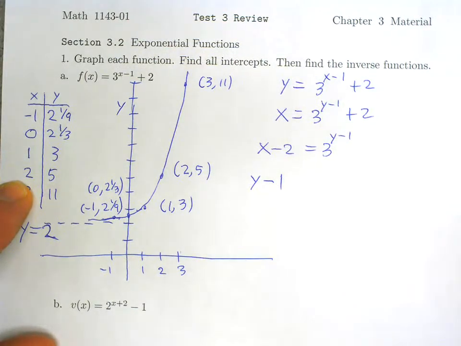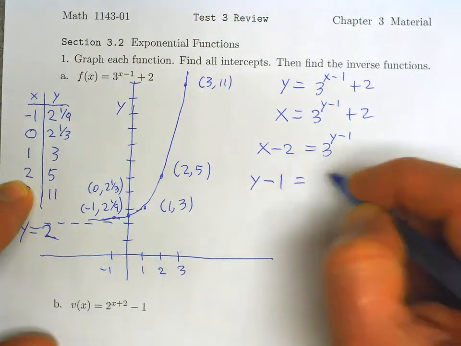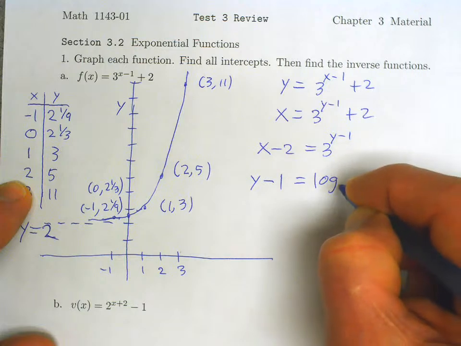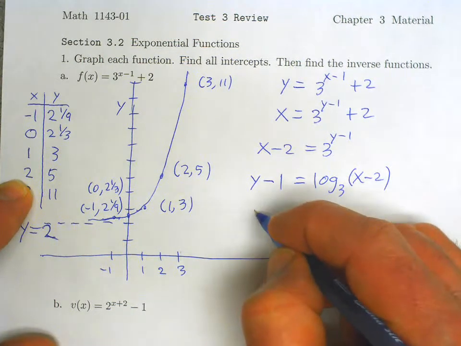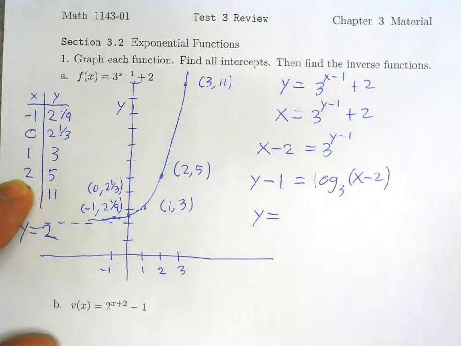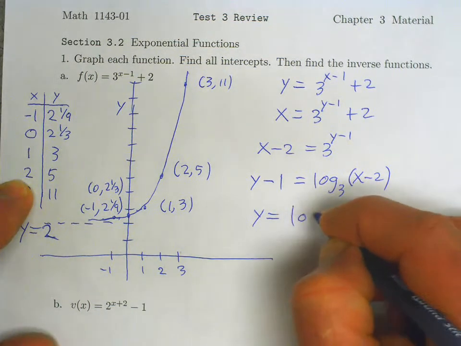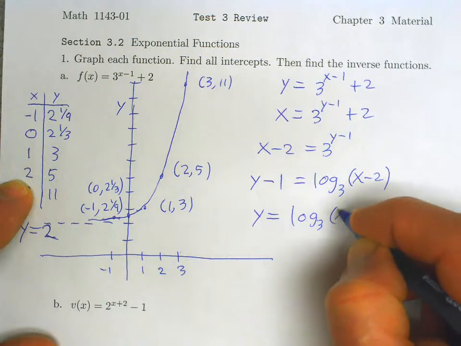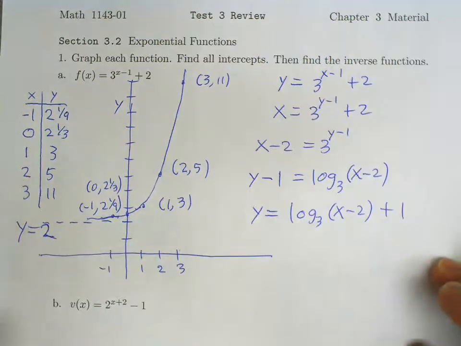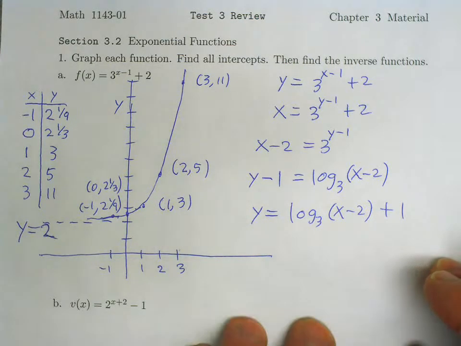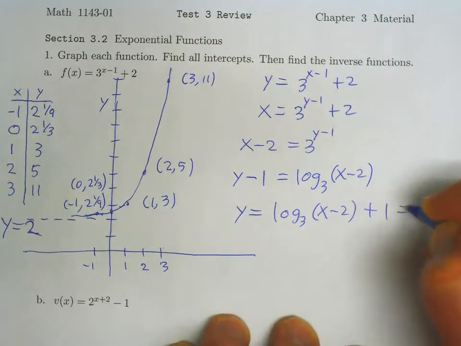So the exponent y minus 1 is equal to the base 3 logarithm of x minus 2. And then we add 1 to both sides, so y equals the base 3 logarithm of x minus 2 plus 1. Okay, that's f inverse.